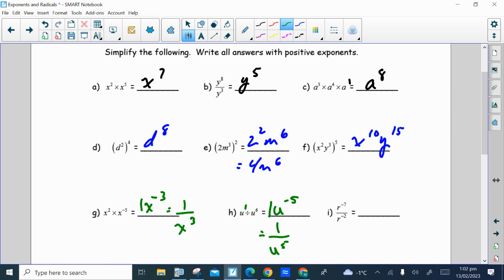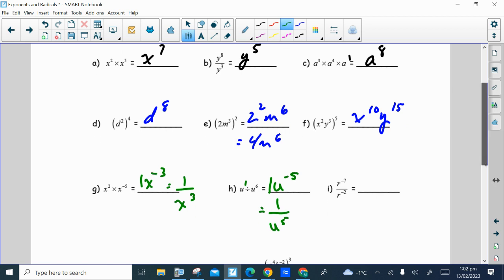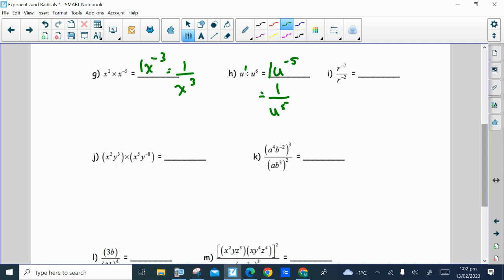Excellent. Emil, what do we do for question I? Subtract the exponents. So it'll be negative 7 minus negative 2. The minus minus becomes a plus positive. So it's negative 7 plus 2, which is negative 5.